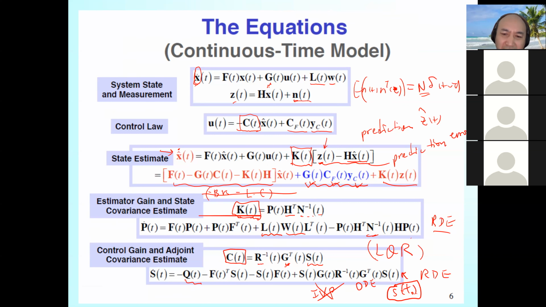It's not an IV problem. You should understand this is giving S(tf), the final value. It's a final value problem, so you have to go from final to forward, backward in time. You have to integrate this matrix backward in time. Make sense?